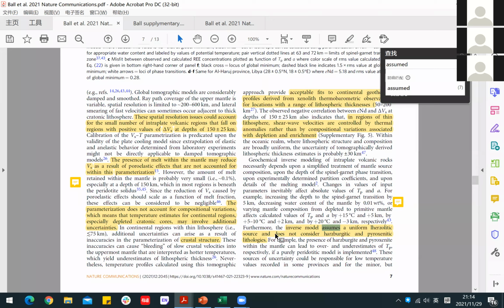Here they say that the inverse model assumes a uniform source rock type and does not consider the other types of mantle rocks.